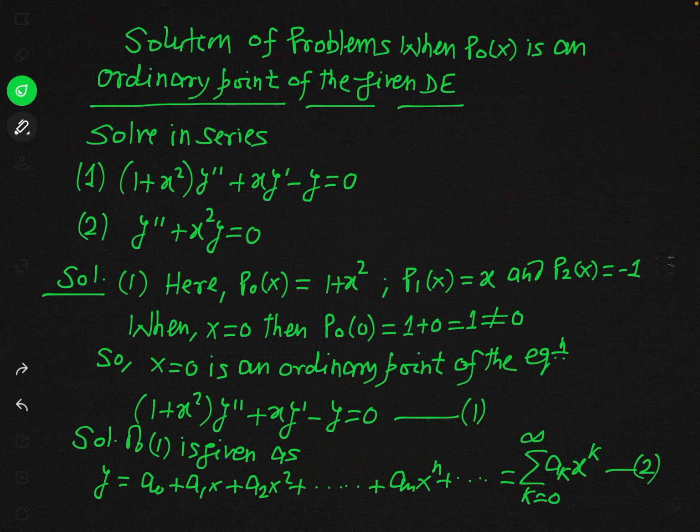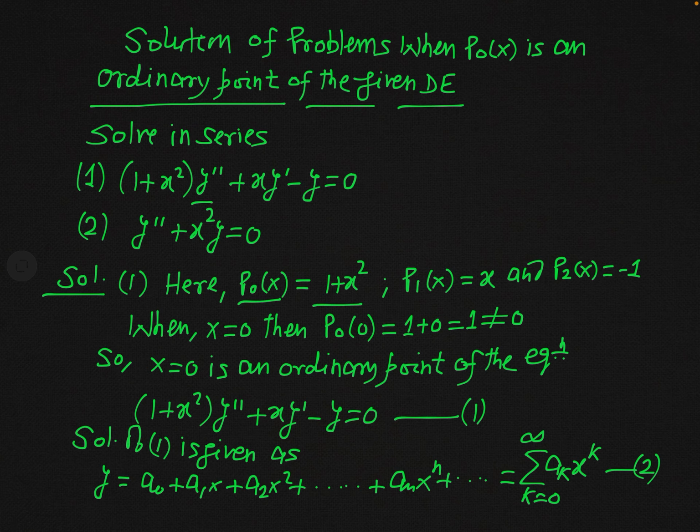The first example says that we have to solve in series the differential equation (1 plus x square) y double prime plus x y prime minus y equal to 0. So here if we compare this given equation with the standard form which we have studied in the previous lecture, p naught of x is the coefficient of y double prime, and you can see this is 1 plus x square.